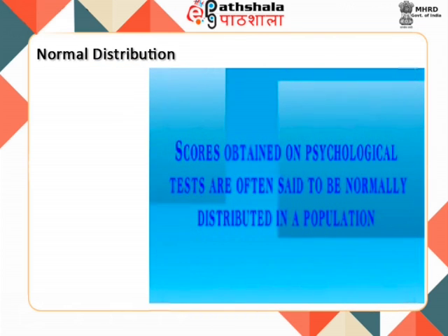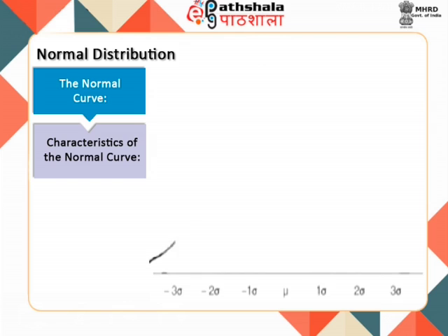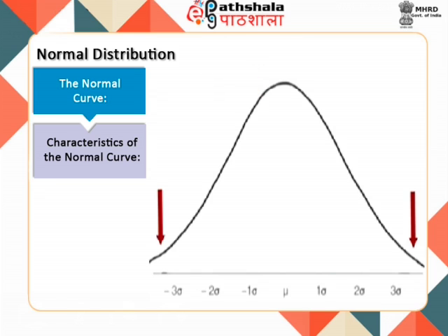Scores obtained on psychological tests are often said to be normally distributed in a population. The normal distribution is a bell-shaped, smooth, symmetrical, unimodal, continuous curve that peaks at the center, and as one moves towards the tails of the distribution, the curve tapers on both sides.